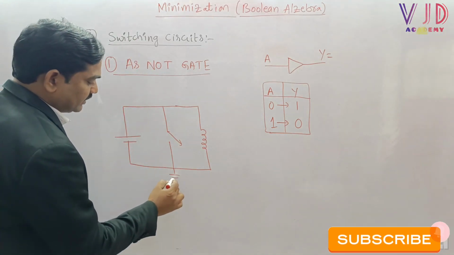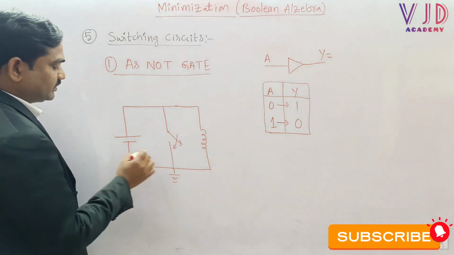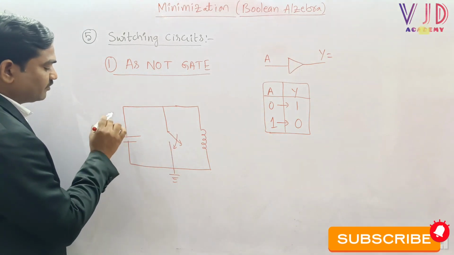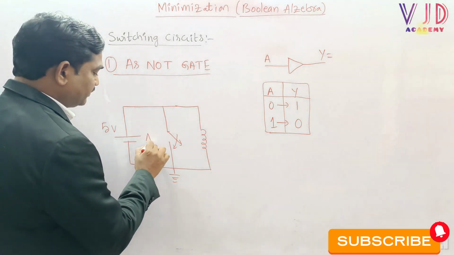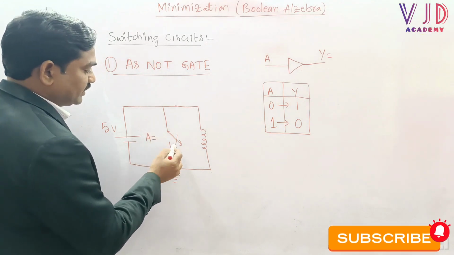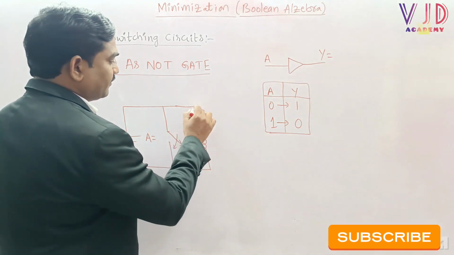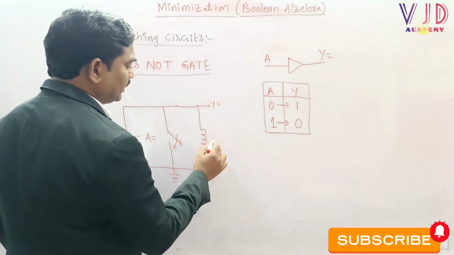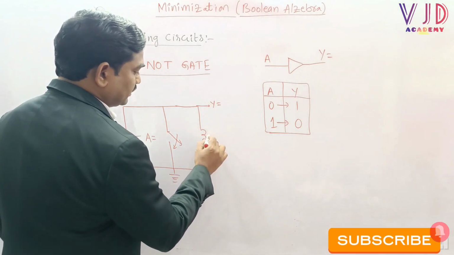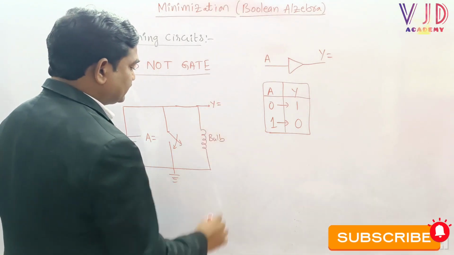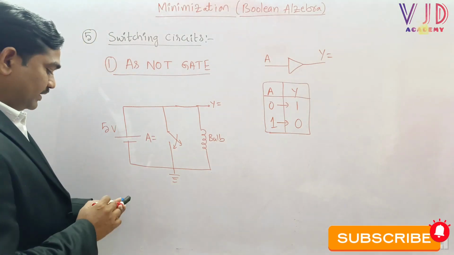Let me connect ground here. This is a switch. We will apply a 5 volts power supply, this is the input A, and here we will take output Y, and this is a bulb.